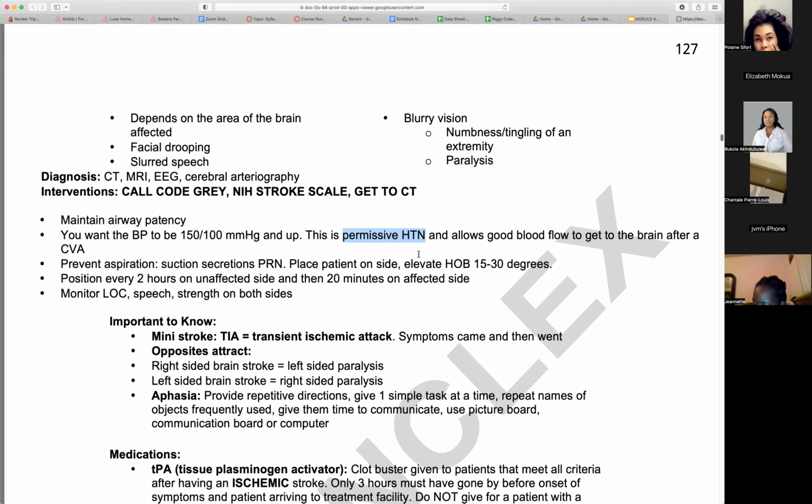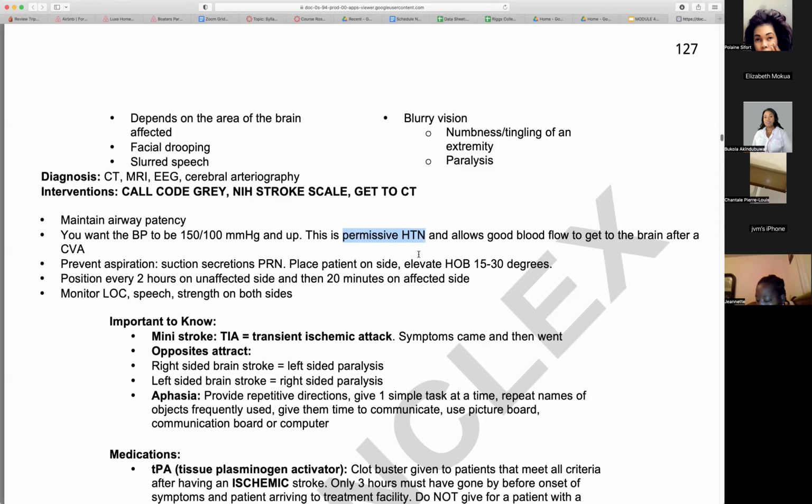Usually the doctor will have the protocol. Maybe they will want the blood pressure to remain at 150 over 100 and up. And maybe they want it to be as high as it can be, as long as it's below 180. So the doctor will tell you that in their orders and communication. Now, there's one exception where you don't want the blood pressure to be high, and that's if the patient receives TPA.